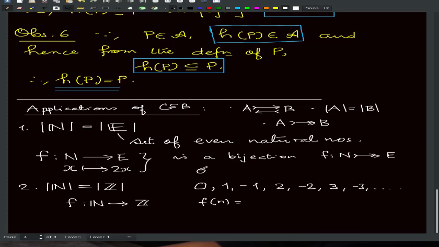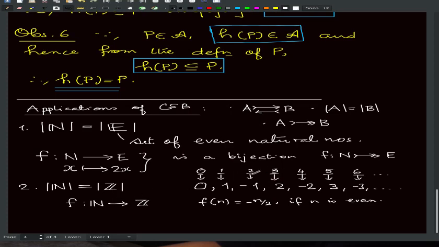So you see here 0 is going to 0, 1 is going to 1, 2 is going to minus 1, 3 is going to 2, 4 is going to minus 2, 5 is going to 3, 6 is going to... Immediately I have it is minus of n by 2 if n is even. Right? Now let's see about the others.